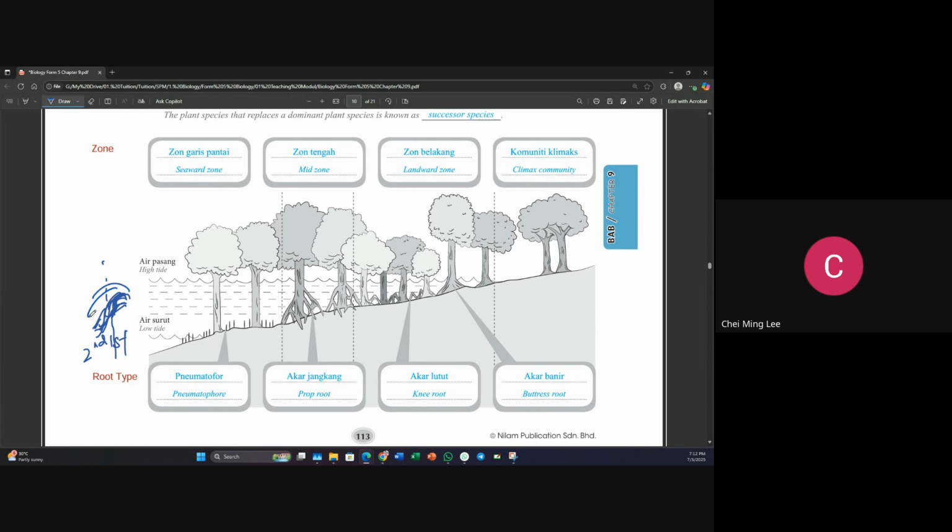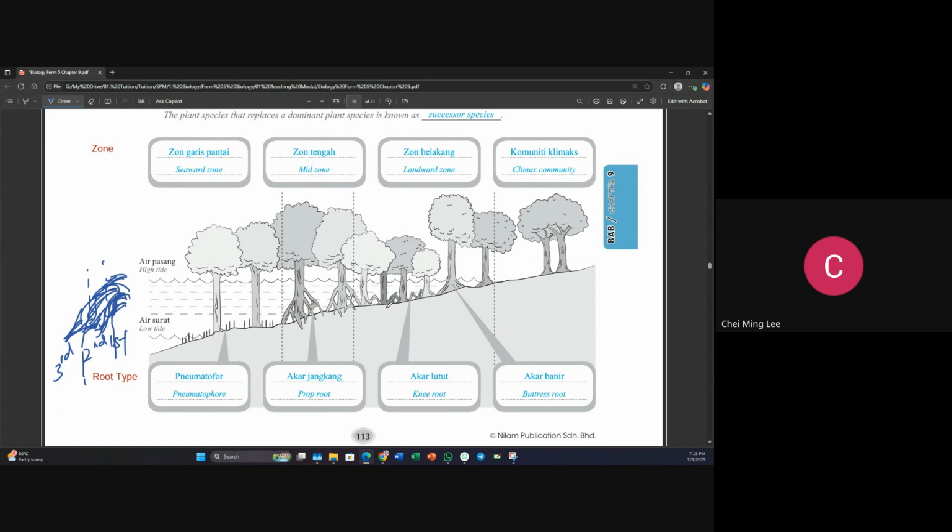But it will still grab more and more soil, correct? Now this one becomes mid zone already, while this one becomes even higher. So it's now the landward zone. So landward zone, mid zone, and here will be the new seaward zone. Can you understand?